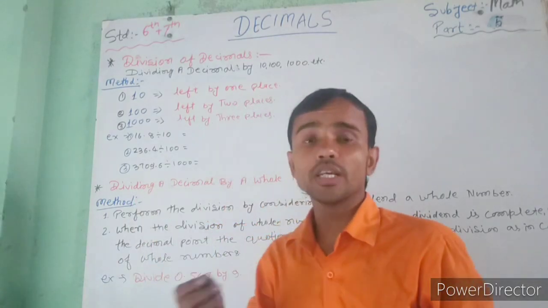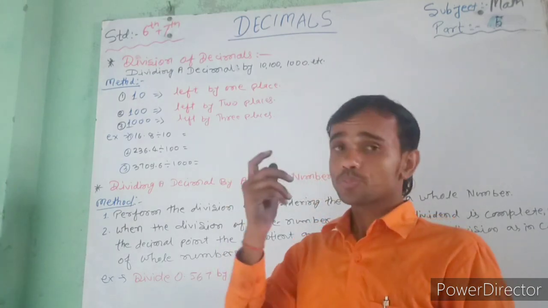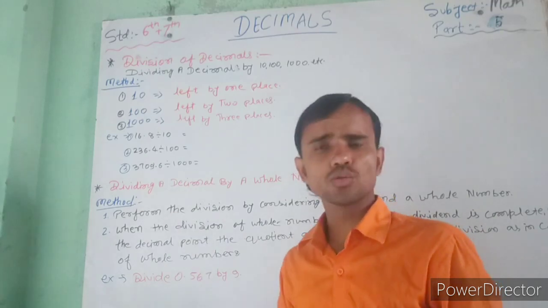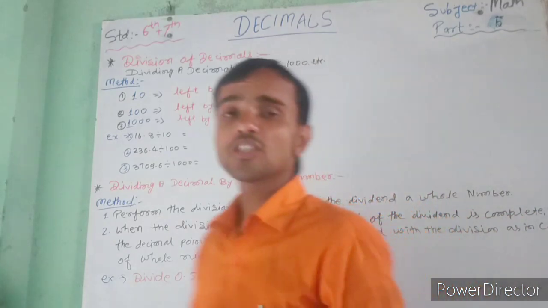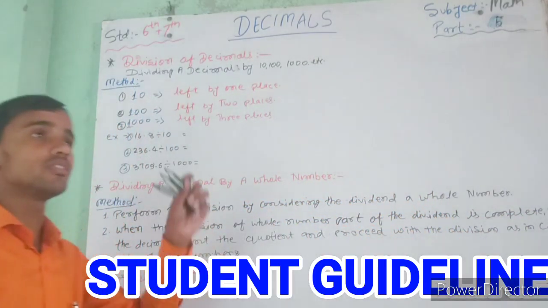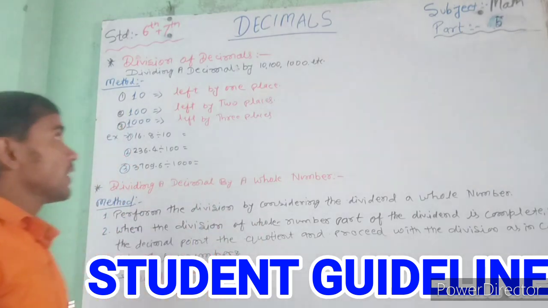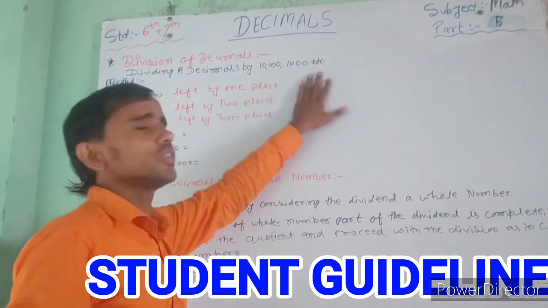It means, if you divide with 10, 100, 1000, 10,000, what do you do? You see what is written on the board, the method when you divide with 10, 100, and 1000. That's the first topic, dividing a decimal by 10, 100, 1000, and so on.